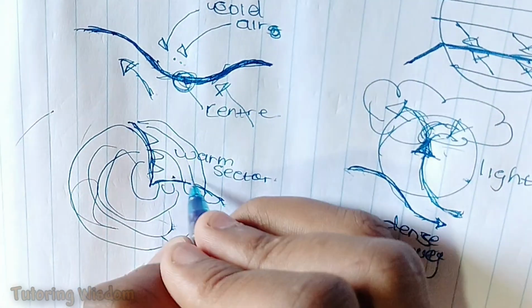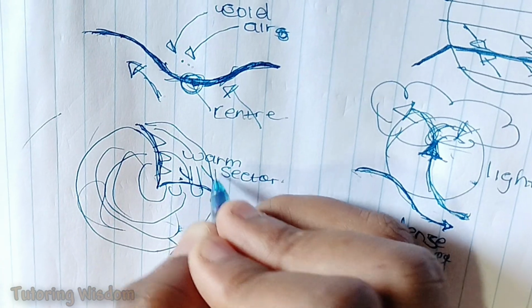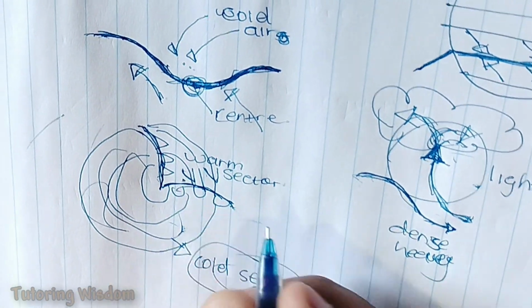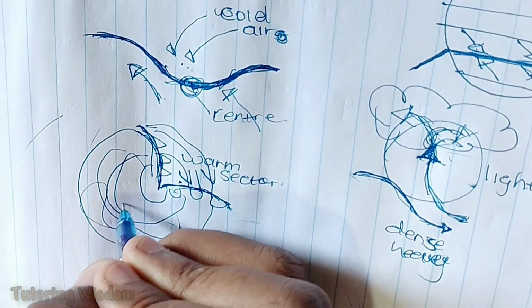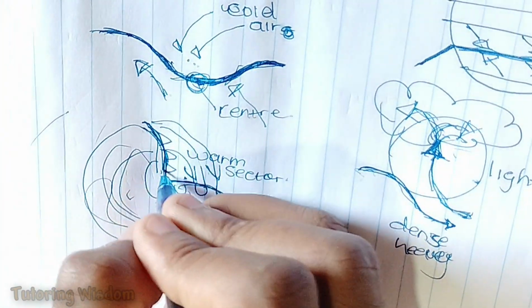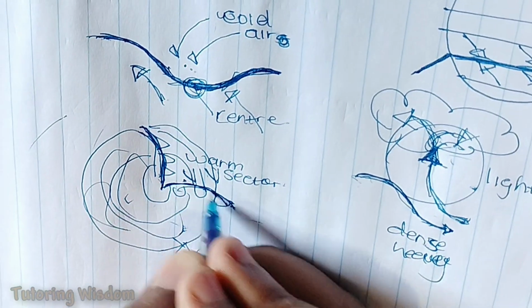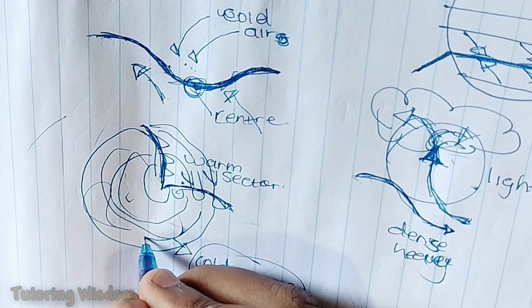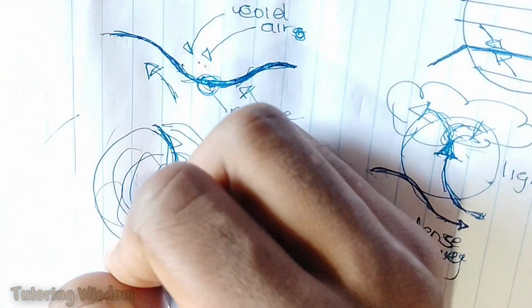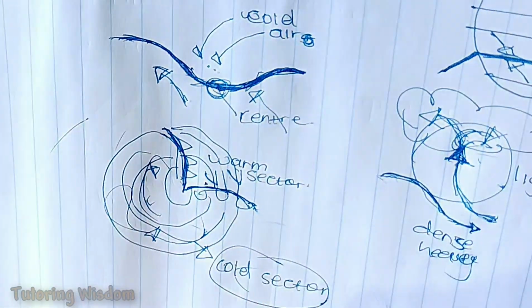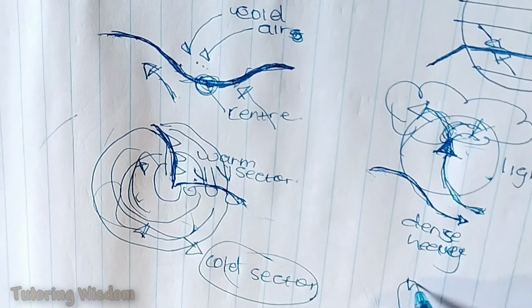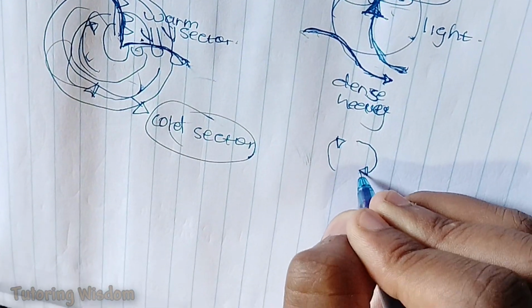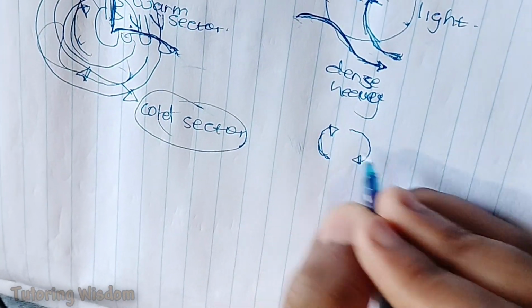So this warm air is driven by your cold front. This cold air is driven by your cold front, and this one by your warm front. So the rotation of this cyclone goes that way, right? So I'll just draw that rotation this side, then we discuss that rotation.